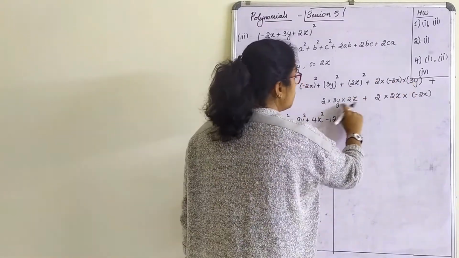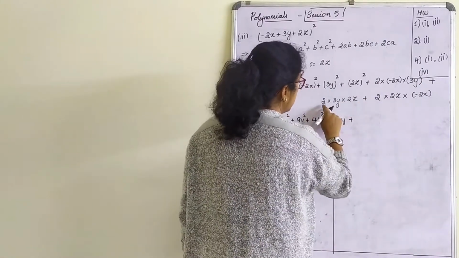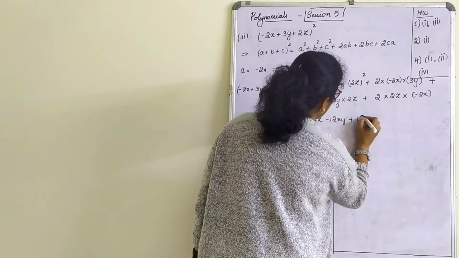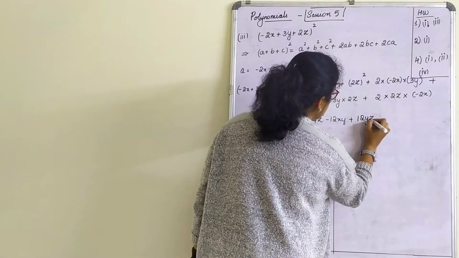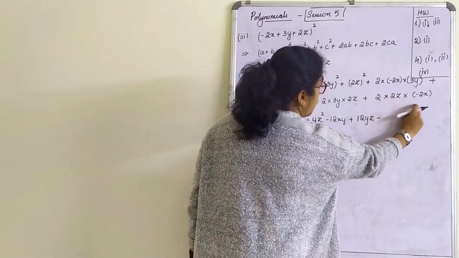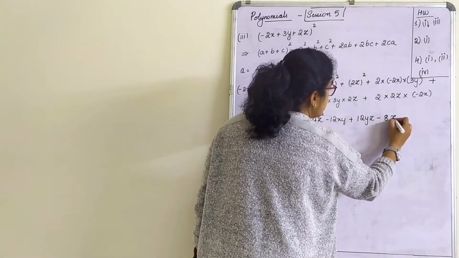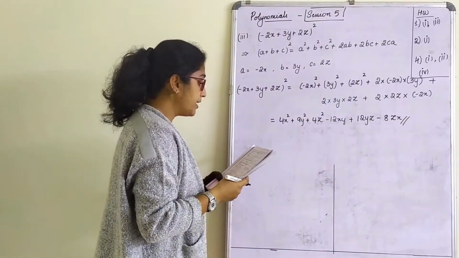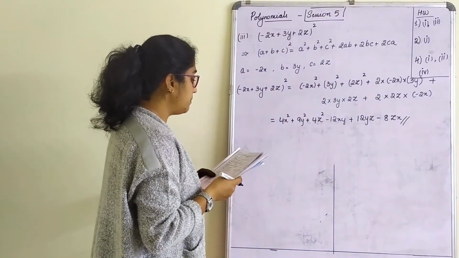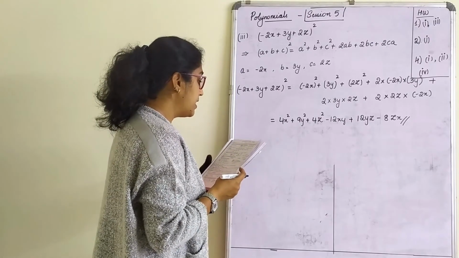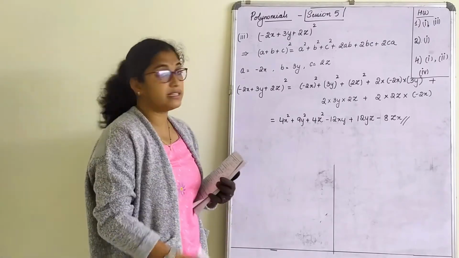Okay, then no minus sign here, plus 2 3s are 6, 6 2s are 12, 12yz. There's a minus sign, 2 2s are 4, 4 2s are 8, 8zx is the answer. So 4x square plus 9y square plus 4z square minus 12xy, 12yz minus 8zx is the answer.